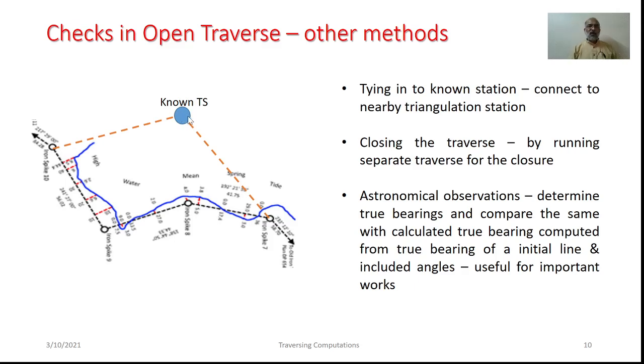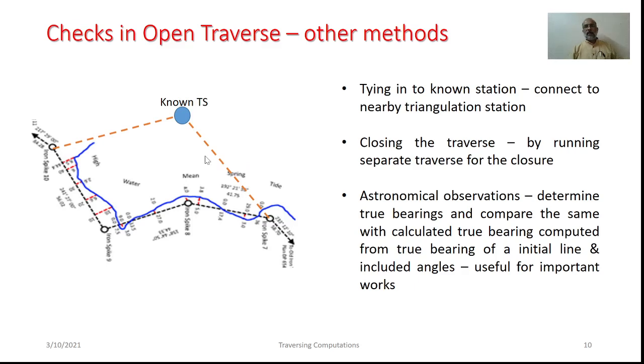As we work out the coordinates for that station, the ones computed theoretically and the ones practically observed should go hand in hand. Otherwise, we can also have a separate traverse to close this open traverse, and as if it is a closed traverse, we can apply the check.